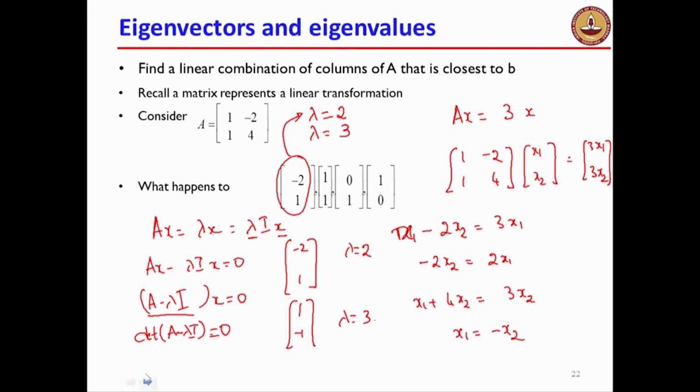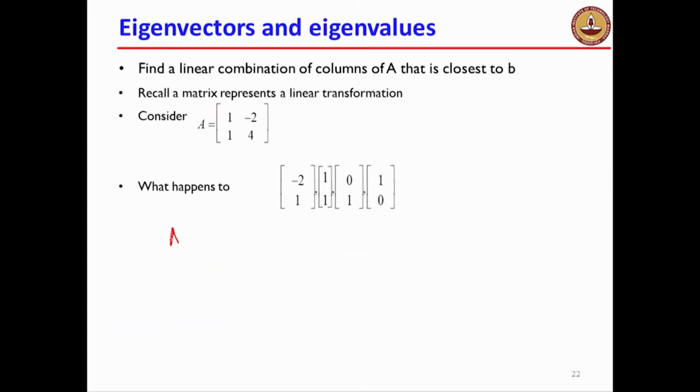Okay, so what we can also do is, let me call the eigenvectors V1 equal to minus 2, 1. The second eigenvector V2 was equal to 1, minus 1. It could have been minus 1, 1, any vector which is parallel to 1, minus 1.